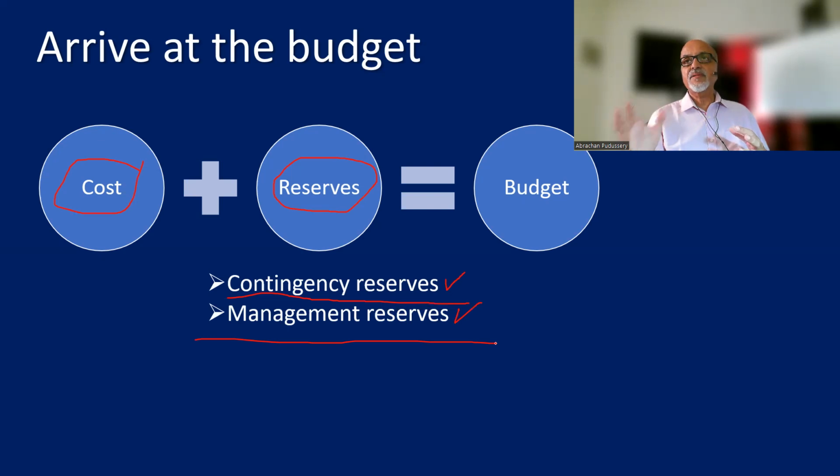For contingency reserve, the project manager has the discretion, whereas for management reserve, only the senior management can decide to allocate it against the project. So we have the cost estimate. To that, we add the reserves, that is contingency reserves and management reserves, and we arrive at the budget.